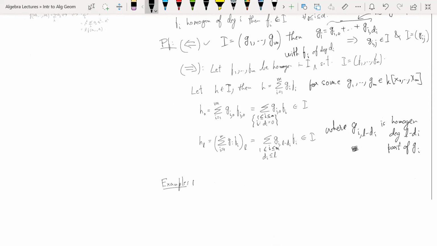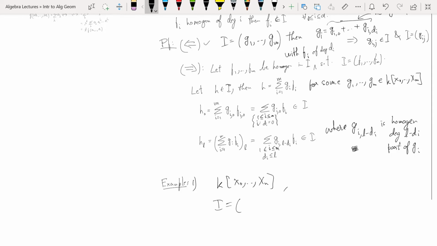What is an example of a homogeneous ideal in K[x_0, ..., x_n]? Of course, you just take a bunch of homogeneous polynomials and consider the ideal generated by them.